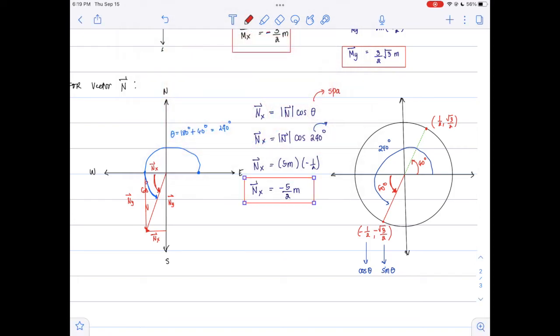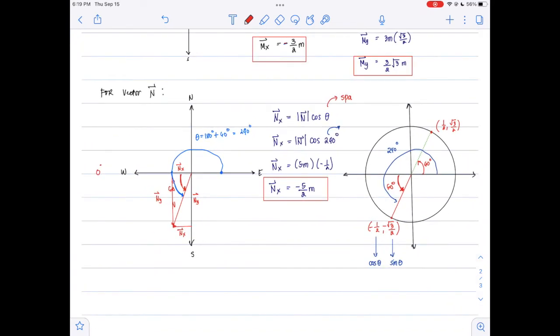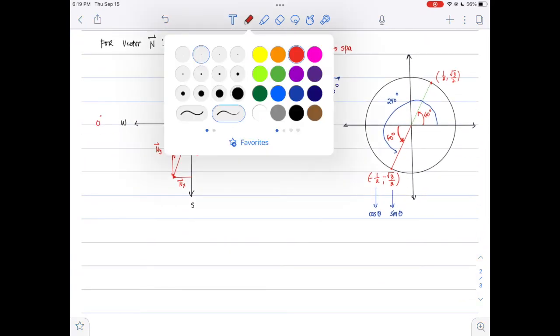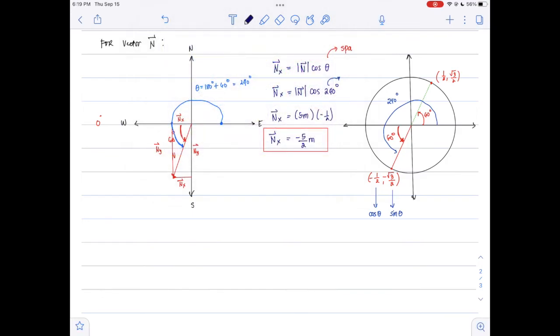Now let's go to vector y. So again, since we are utilizing SPA for our theta, that is the advantage. Automatically, whenever it is x, the function is cosine. Whenever it is y, automatically the function you will use is sine.